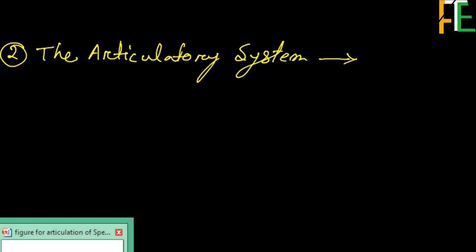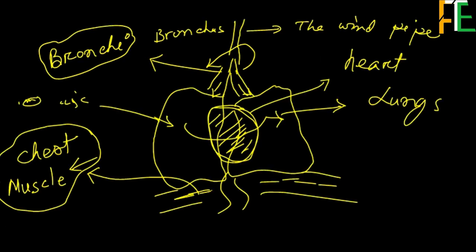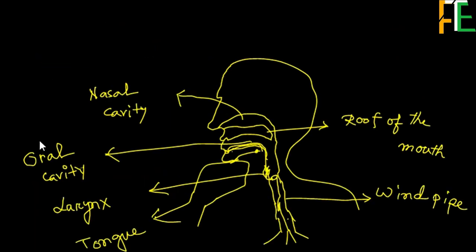You can see in the figure, this is the figure of the articulatory system. In the articulatory system, we have the nasal cavity that is divided into two nostrils, the holes on the nose.